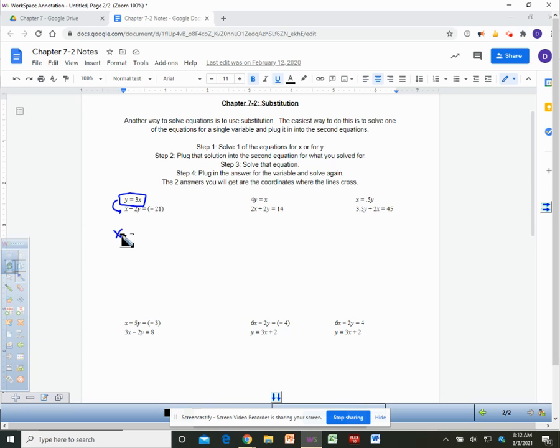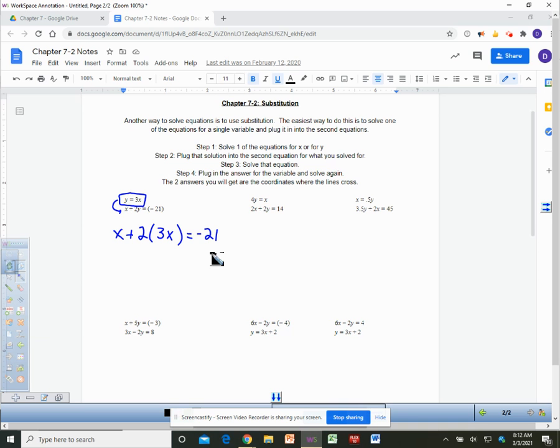So it's going to go x plus 2, and then in parentheses, instead of a y, I'm now putting a 3x, equals negative 21. So all I did there was I changed every y value I saw to 3x because it told me in the equation above it, y is the same thing as 3x.